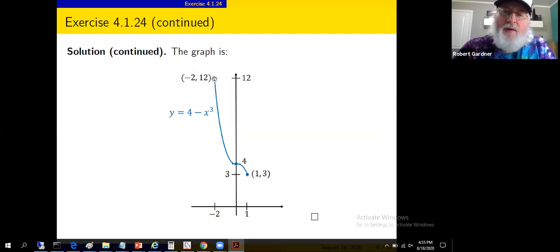It's only got 1. So it must just go down, level off, and continue to go down. How do you know it doesn't go through there and start going upward? Well, it's got to get over here to this point. So if it went upward, it'd have to turn around and go back down, which would mean a horizontal tangent line if it's differentiable, or a corner if it's not differentiable. Of course, it's differentiable. It's a polynomial. The graph has to look a lot like this.